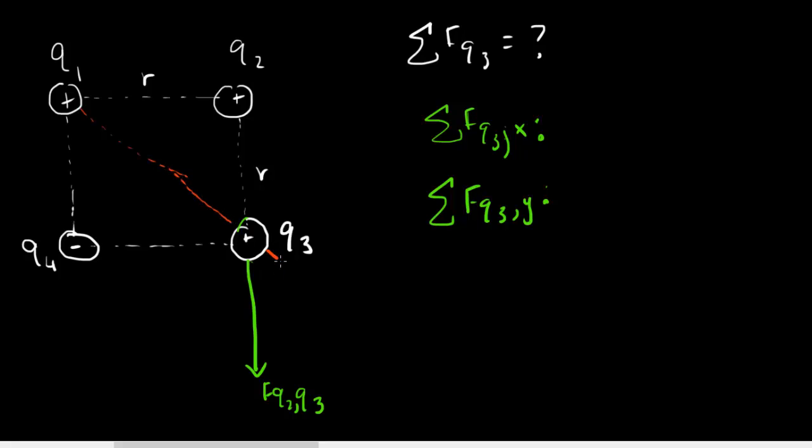So this force is going to be in this direction. So this is the force between q1 and q3. And q3 is going to be attracted by q4. So the force between q3 and q4 is going to be in this direction.